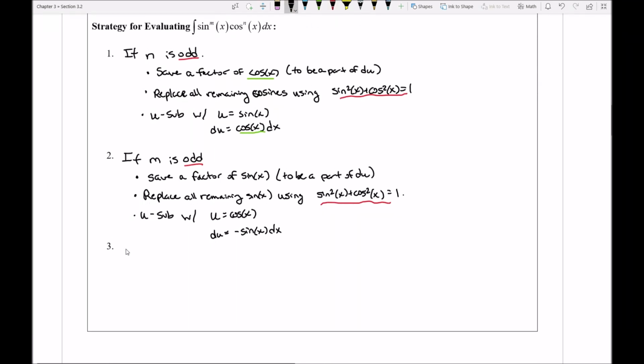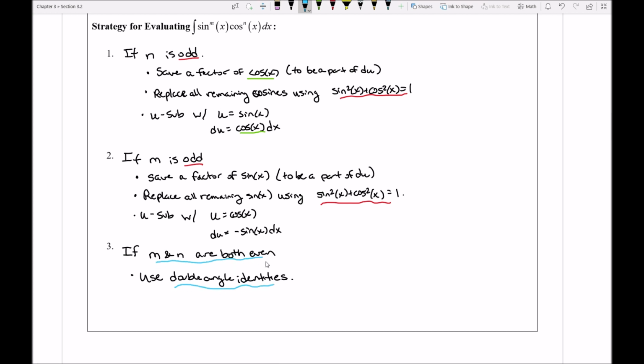Notice here then, I'll state that if m and n are both even, I can go ahead and just say that I should use double angle identities, which again, remember, are those blue ones.